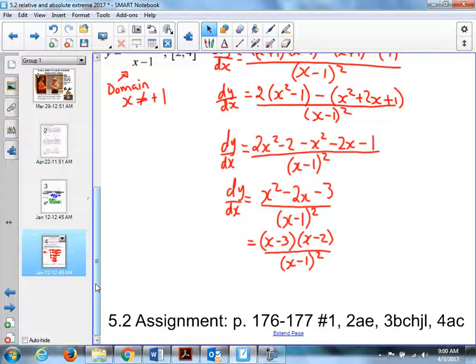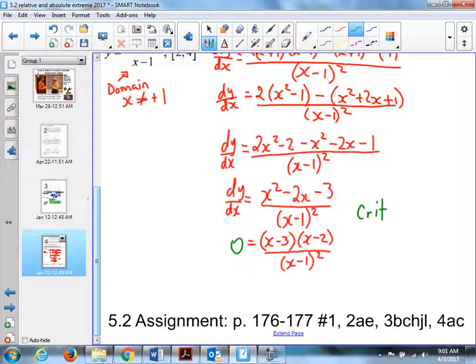which values give me a 0 for my derivative? 3 and 2, the numerator, right? So critical numbers at... I can just see this, right? I'm setting the numerator equal to 0, so you can think 0 equals if you want.